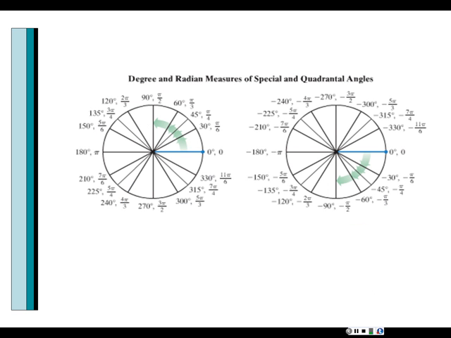Now, we are just trying to show you the angles. I know we all know it, but just to make sure: if you look at the first circle, we are showing all the angles in the positive direction. You start from here, and 30, 45, 60, 90, you go all the way around. In the second circle, we are showing the angles if you go clockwise, because you will still have the same angles but in the negative direction. For example, the 30-degree angle on the negative side is basically negative 30 degrees.